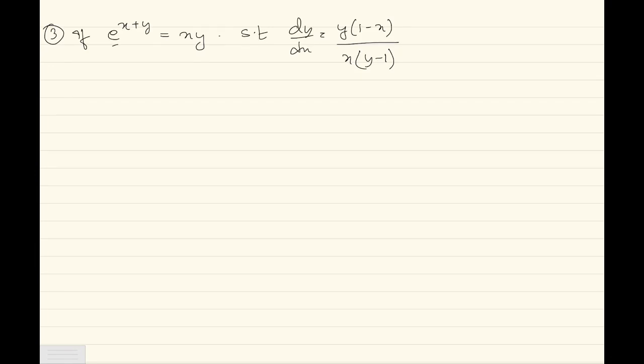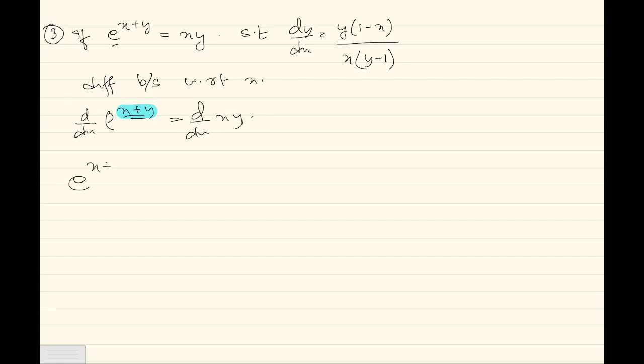Differentiating both sides with respect to x. Check this out. I'll get d/dx of e to the power x plus y equals d/dx of xy. E to the power x plus y, chain rule, because I know the formula of d/dx of e to the power x. Imagine this is x. So what is d/dx of e to the power x?